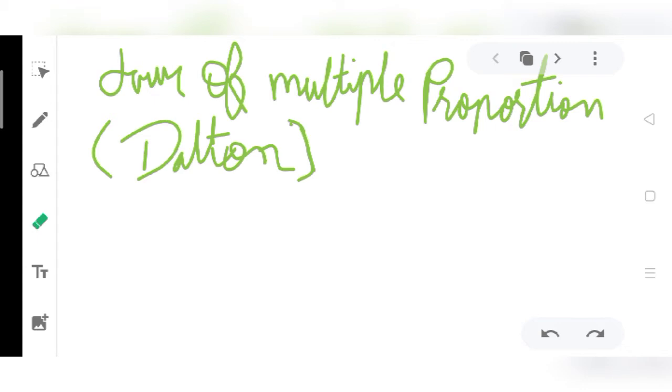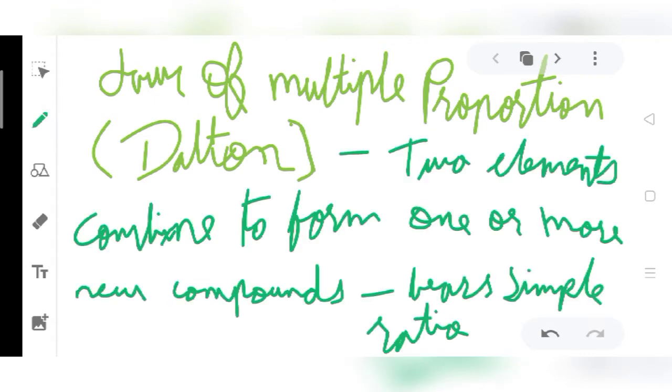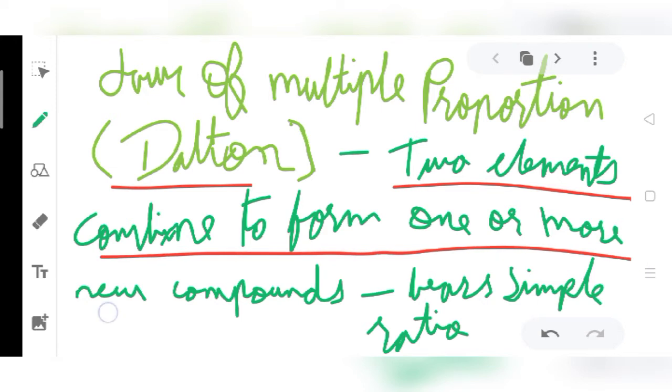So what does the law of multiple proportion mean? The law states that if two elements combine to form more than one compound, the different masses of one element that combine with a fixed mass of the other element will be in a simple ratio.